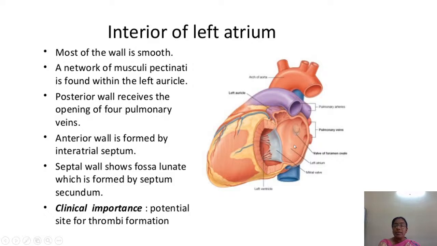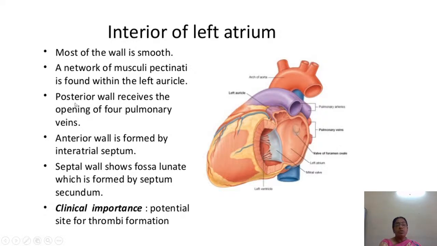Within the ear-like part, most of it is smooth only, but these musculi pectinati, which make that part rough, are present in the left auricle, not in the atrium. So the whole of the left atrium is smooth. The network or the rough part is present in the auricle. That is the main important part.